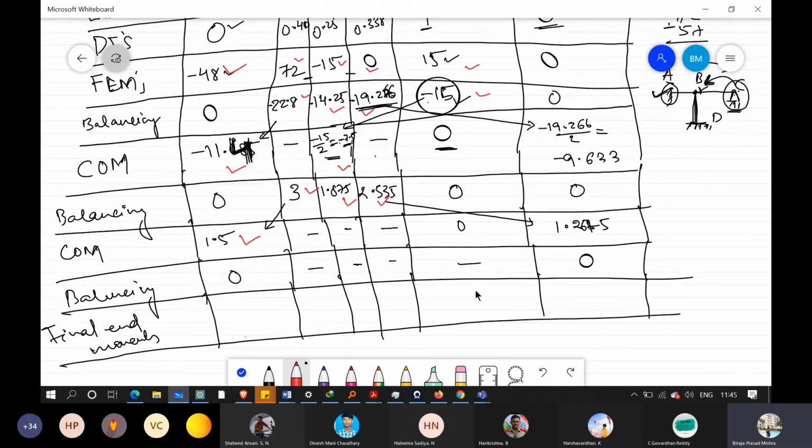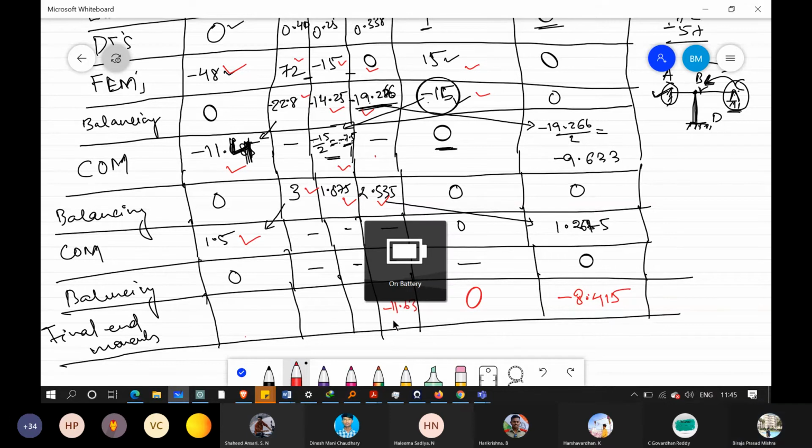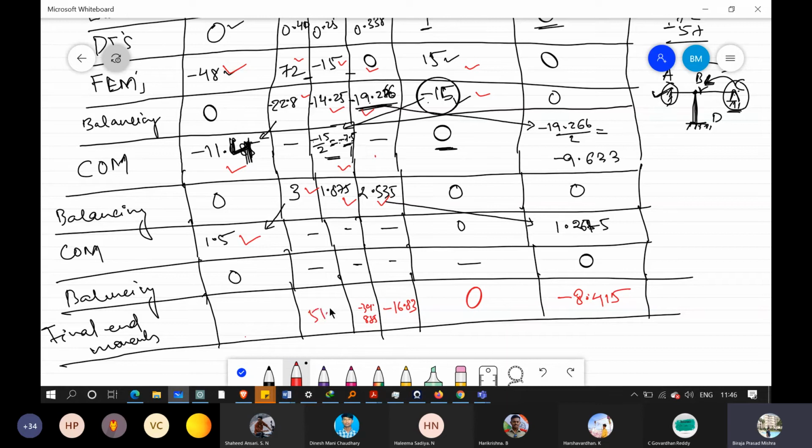So if I am not mistaken, this is minus 8.415. Please correct me if I am wrong. Minus 16.83. This is minus 34.875. This is 51.705, and this one is minus 58.1475. Please calculate these values and tell me if it is correct or not.